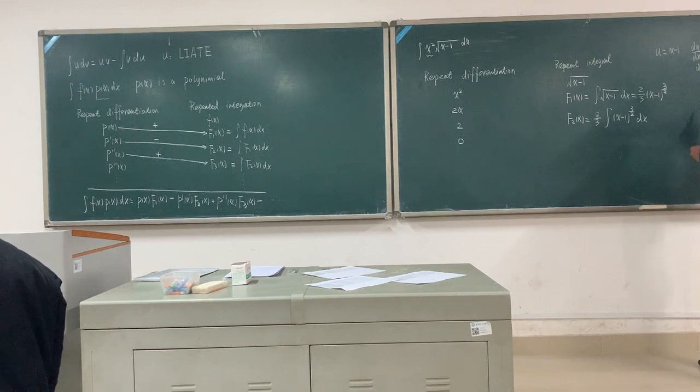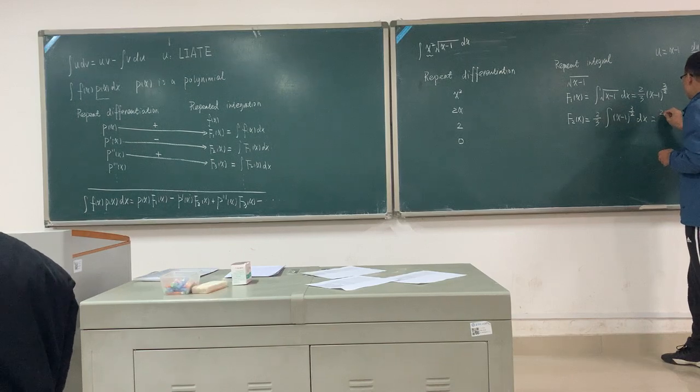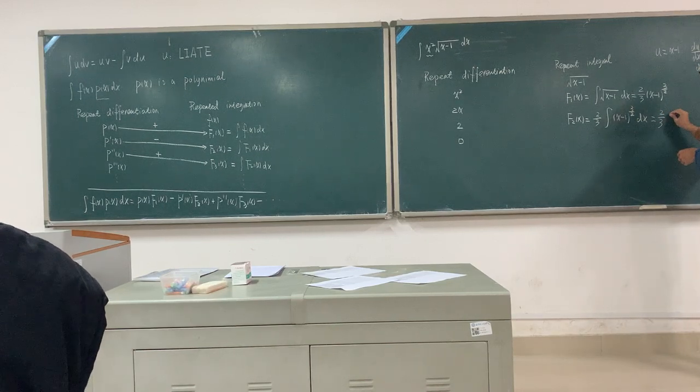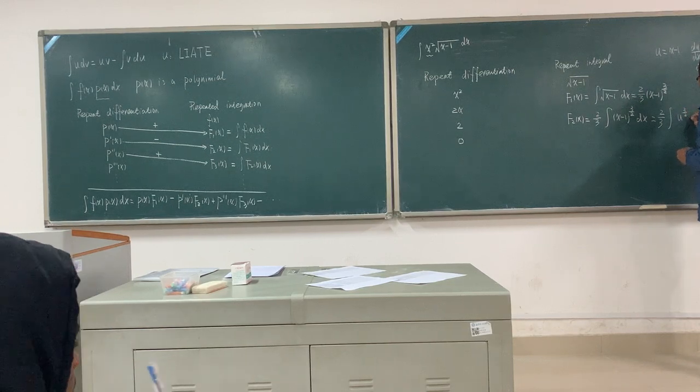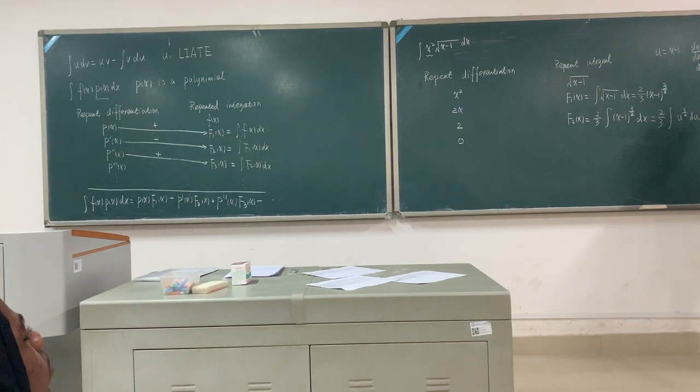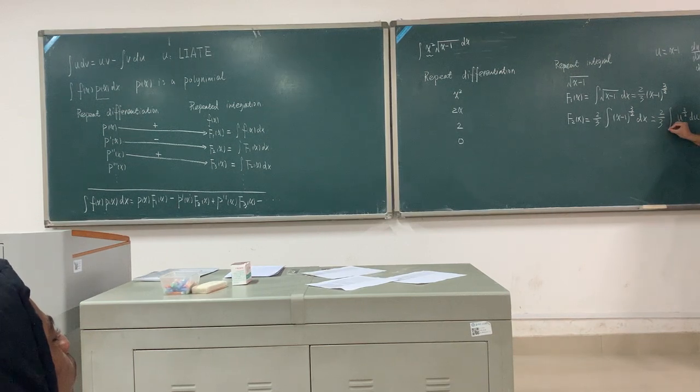So we have du equal to dx. So here is 2/3 times the antiderivative of u to the 3/2 power du. The antiderivative of this function is 2/3 times u to the 3/2 plus 1 power, divided by 3/2 plus 1, plus a constant c.